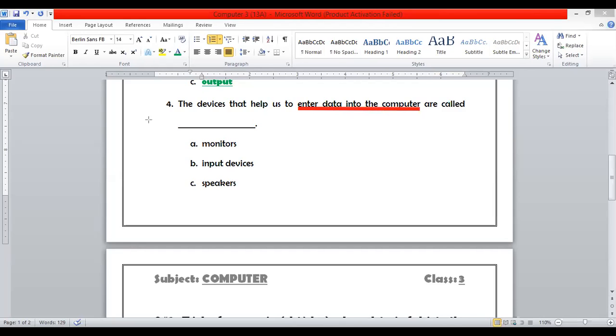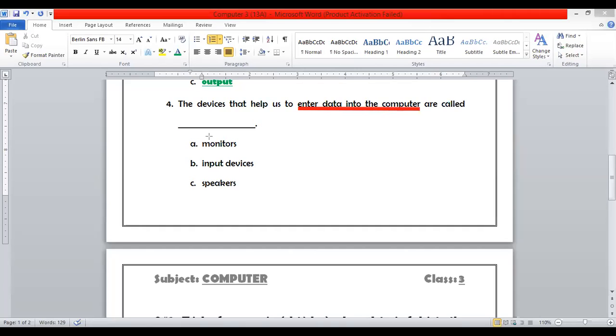Now let's see who else we have. Firas Suleiman, you are not raising your hand. Can you tell us the answer? The devices that help us to enter data into the computer are called what? Monitor.